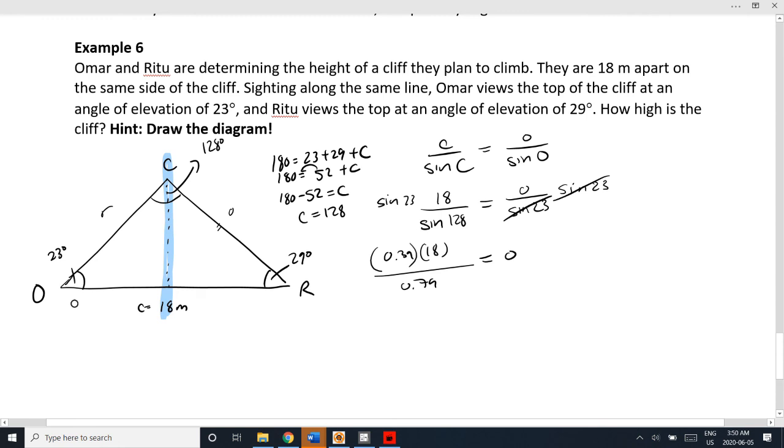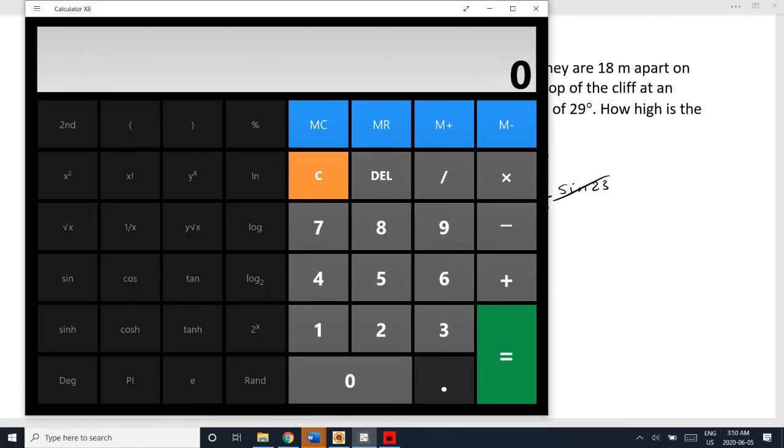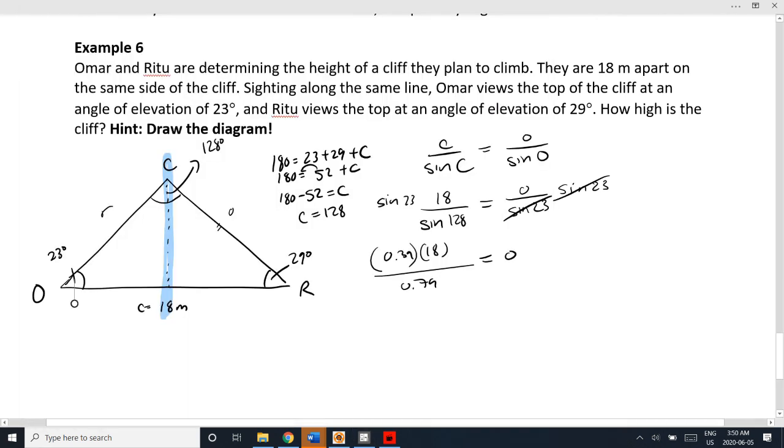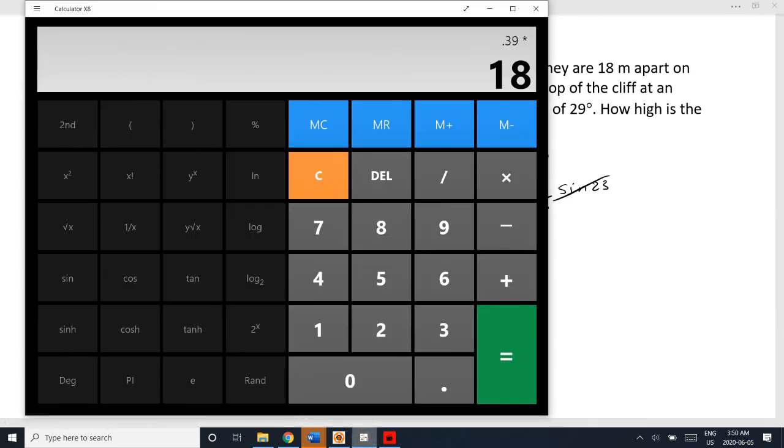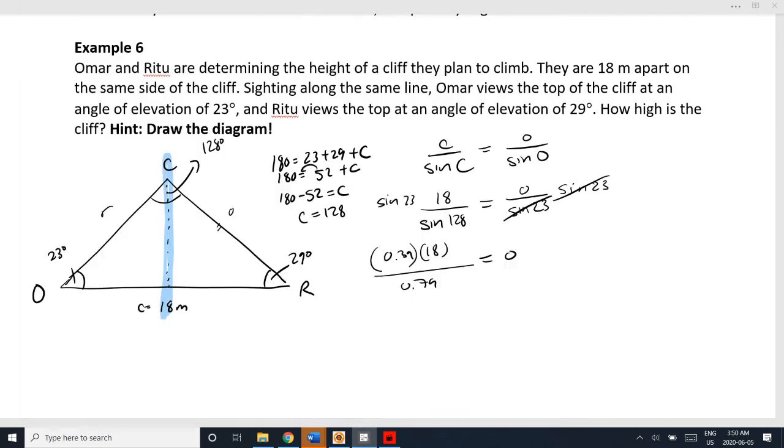We'll just plug these all into this calculator. 0.39 times 18 divided by 0.79, which is equal to 8.88 or 8.9. So O is equal to 8.9. So we know this distance here is 8.9.